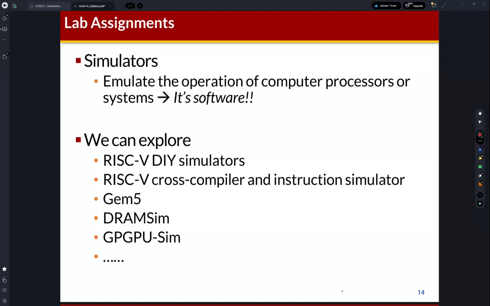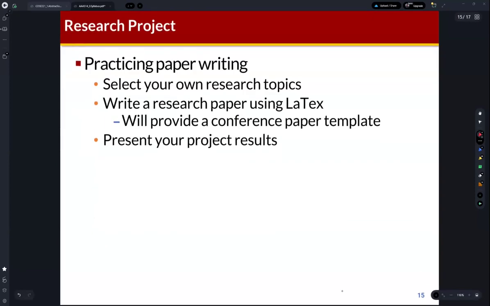We will practice using gem5, a very popular processor architecture simulator, and then a DRAM simulator, and then a GPU simulator, and some others. Okay, so we can explore some. I also provide maybe five or six lab assignments for this course.